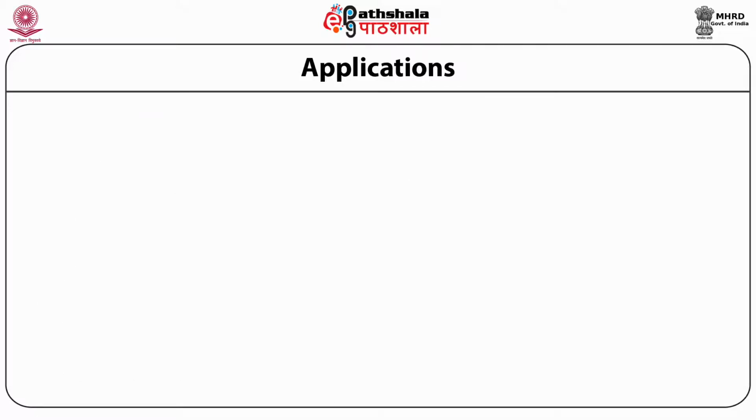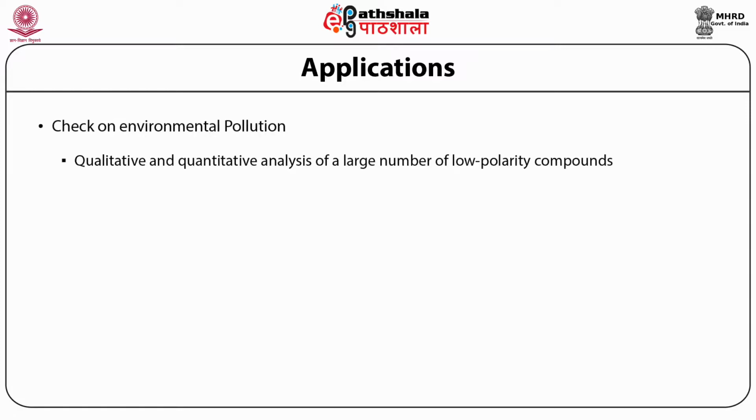Gas chromatography is an important technique for qualitative and quantitative analysis of a large number of low polarity compounds. When coupled with mass spectroscopy, that is GC-MS, it happens to be a very powerful analytical technique.